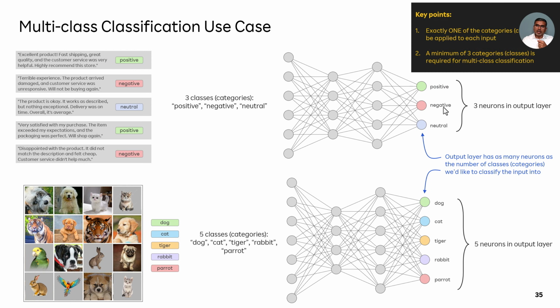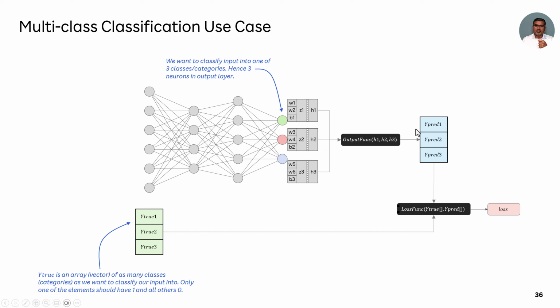Okay. Now, let's look at the model here. First thing that we need to understand is, how do you represent these classes? The way you represent these classes while training, because you have to provide it as a ground truth value, is that you use an array or a vector. And how many elements in that vector? The number of classes that you would like to classify into.